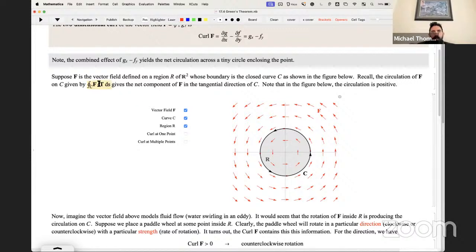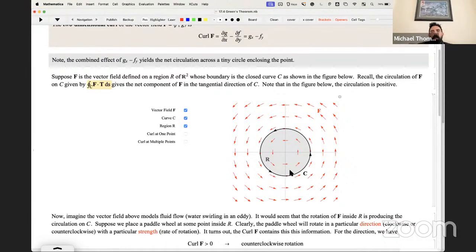Do you remember what this means? Like for example, on this problem, would you say that there's positive circulation on C or negative circulation on C or no circulation? Positive.